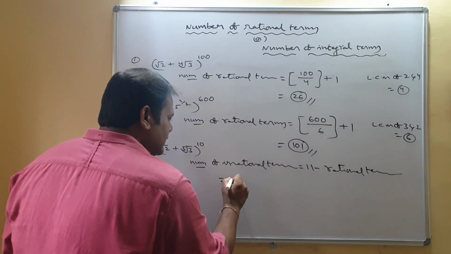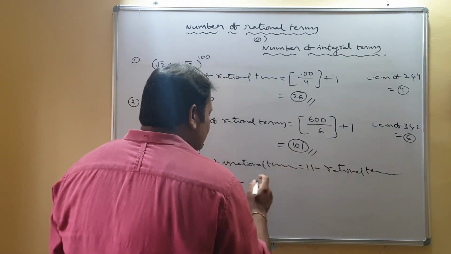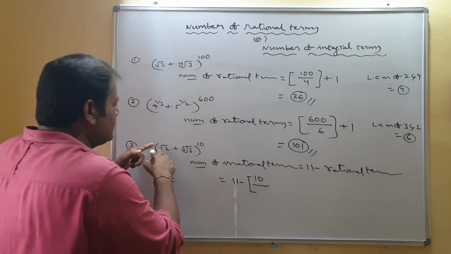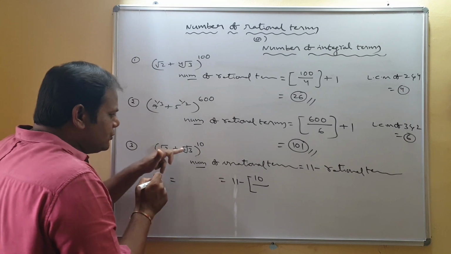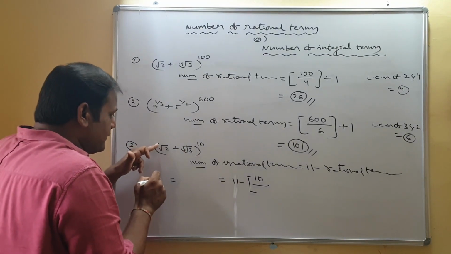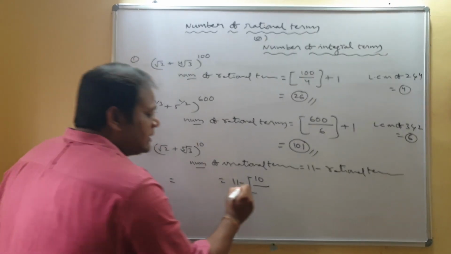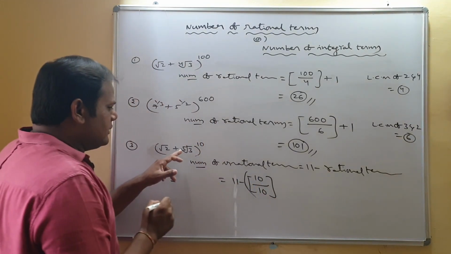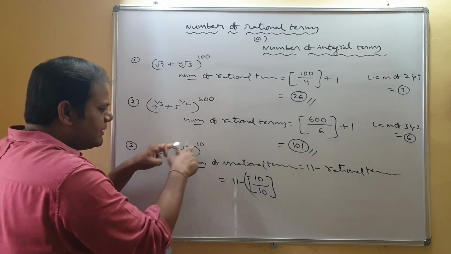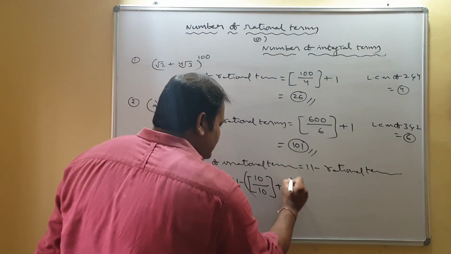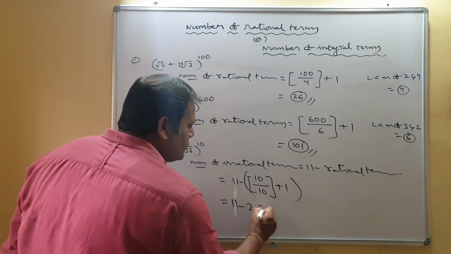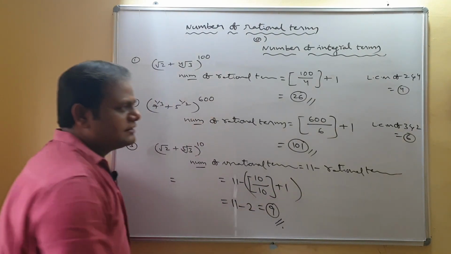Step n value, 10 by LCM of, here square root, it is 5th root. LCM of 2 and 5 is 10. And here 10 is completely divisible by 5. So plus 1, right? So it is 11 minus, 1 plus 1, 2. The answer is 9.